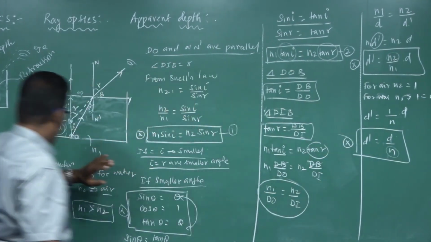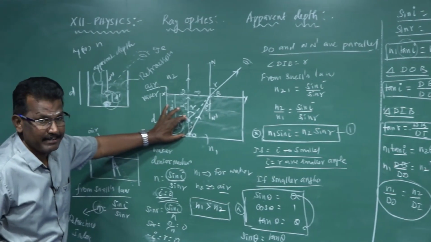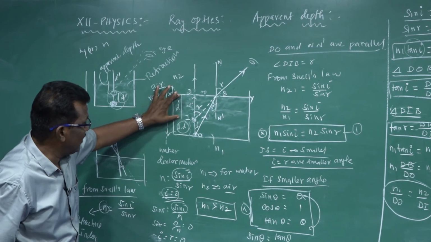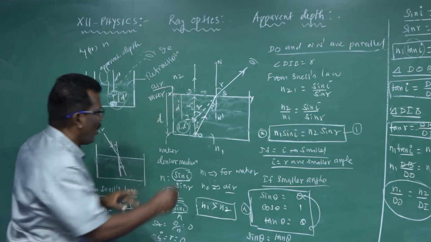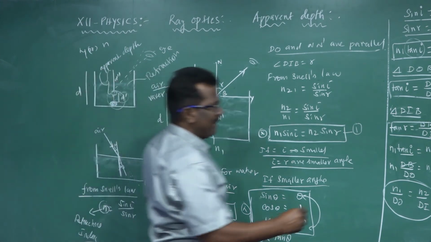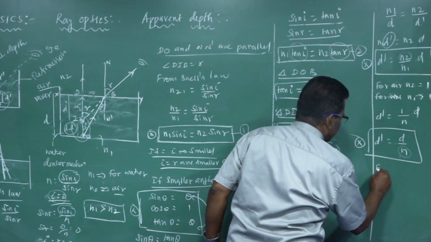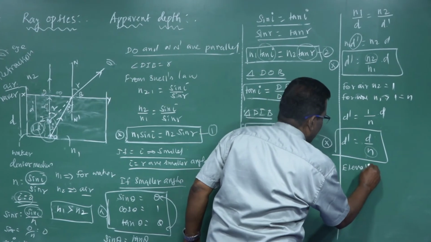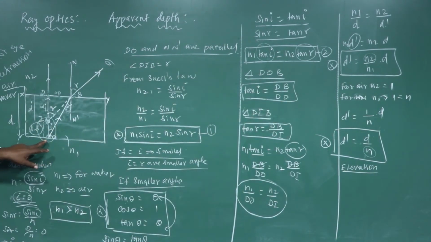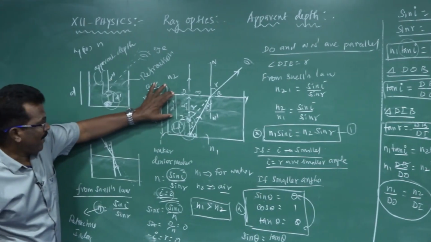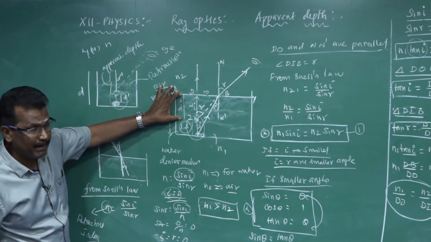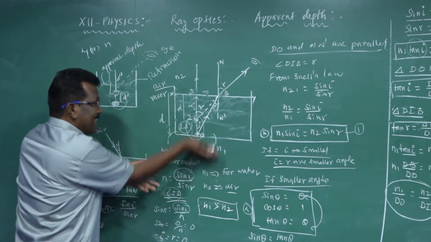Okay. Now, how much distance is it elevated? D prime is the apparent depth. How much is it deviated? That is the elevation. From the original depth D, the apparent depth is D prime. Now how much is raised from the bottom?